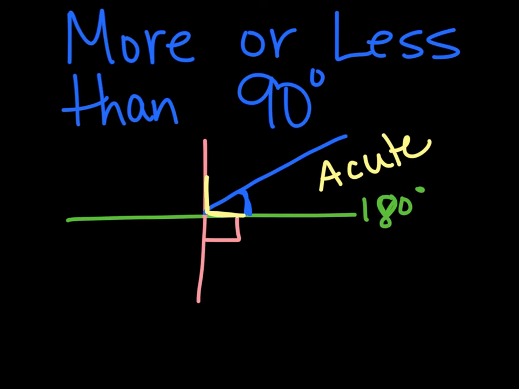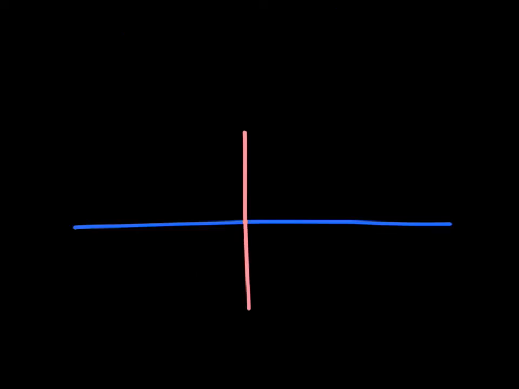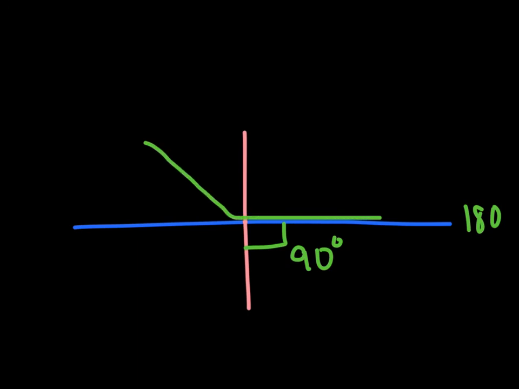Okay, so what about if it's bigger than 90? So let me show you another slide. Okay, so I've got my 180 degrees. Halfway right here is 90. That's my perfect square. This time though, I'm going to draw my angle like this.